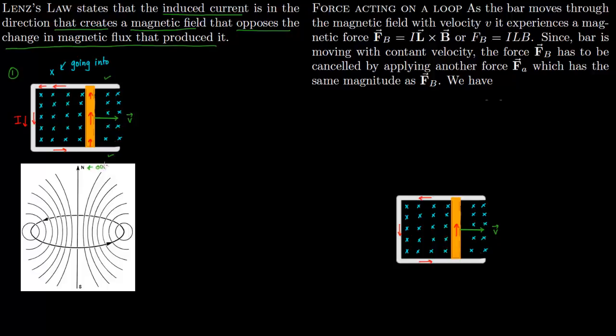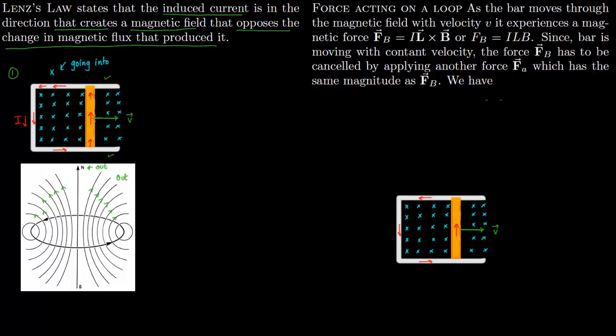When the current flows like this, it creates a magnetic field which flows out of the screen.